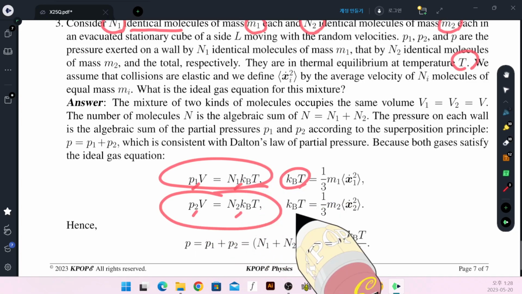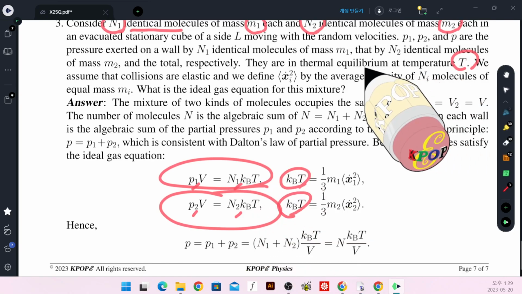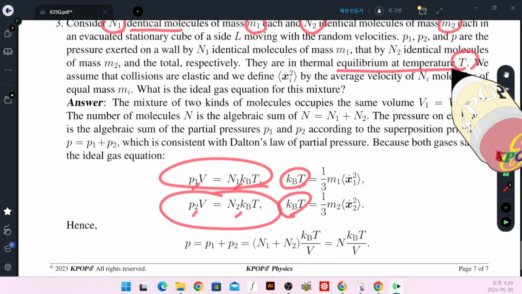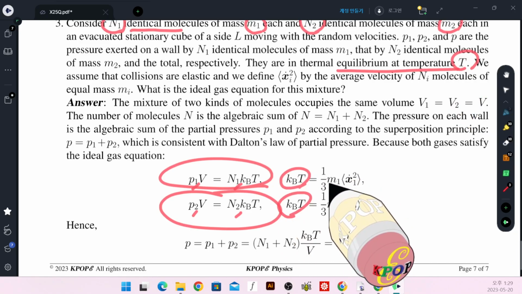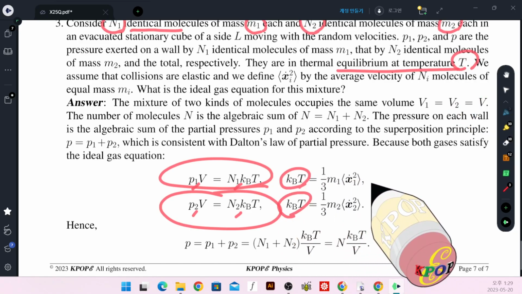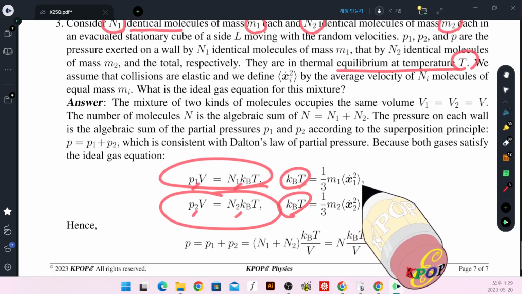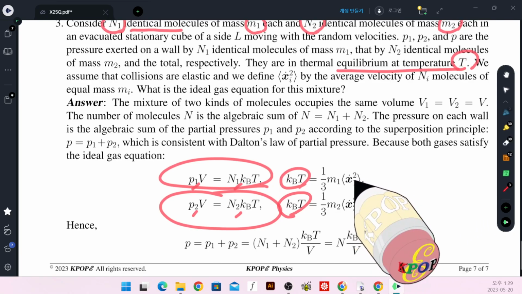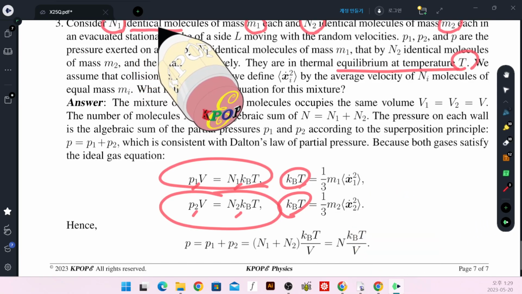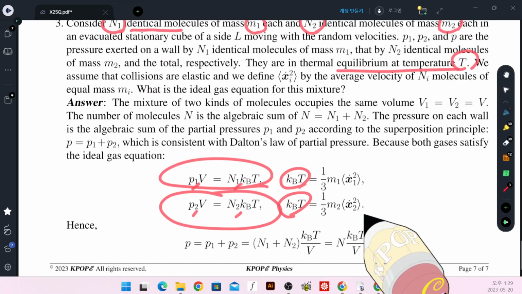Because k_B T is identical for each, as they are in thermal equilibrium at the same temperature, we can use k_B T equals 1/3 of M1 times the velocity vector squared. This subscript does not mean the Cartesian coordinate, but the identifier for the type 1 and type 2 molecules.